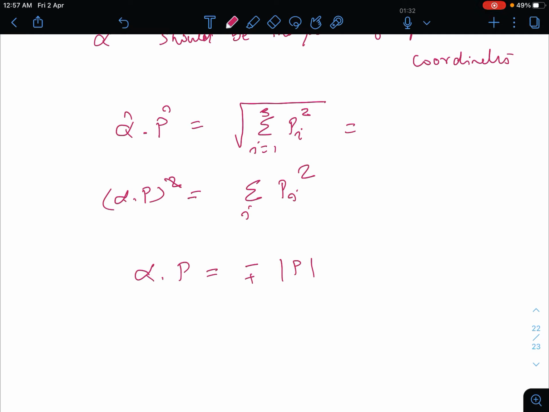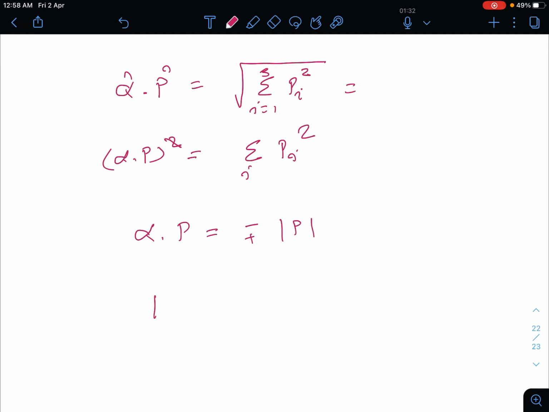Let's consider the negative. So H in that case is equal to minus c alpha dot p.